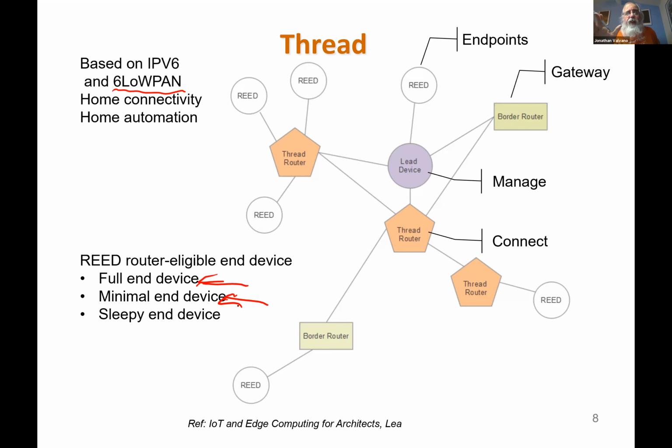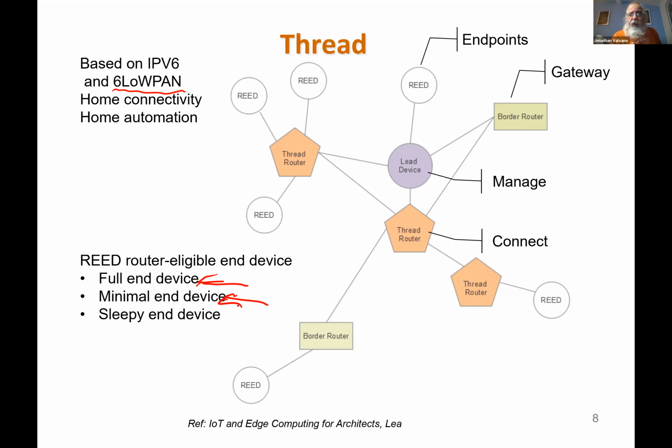And again, the endpoints are on the network, connect to the sensors, connect to the actuators, you know, door lock, temperature sensor, fire detection, whatever, a CO2 detector, a carbon monoxide detector, et cetera.